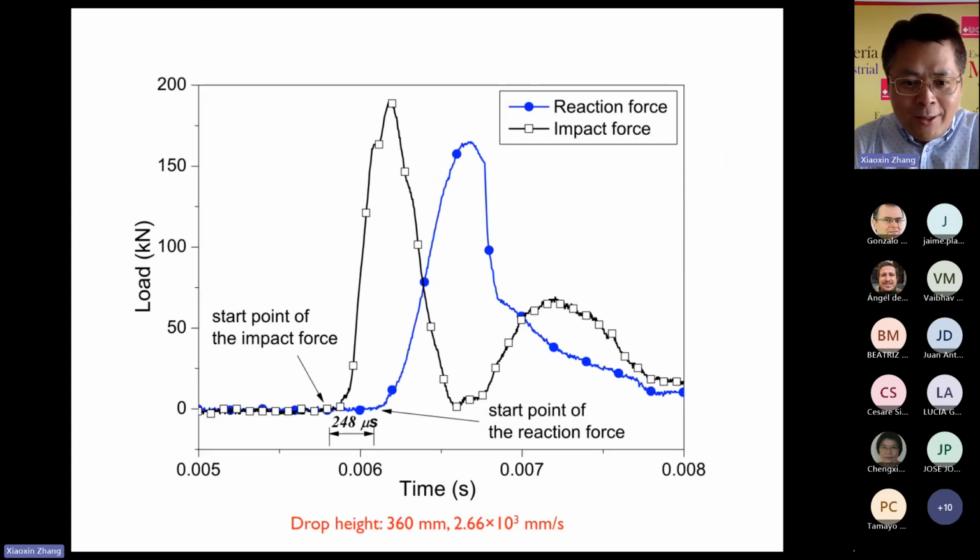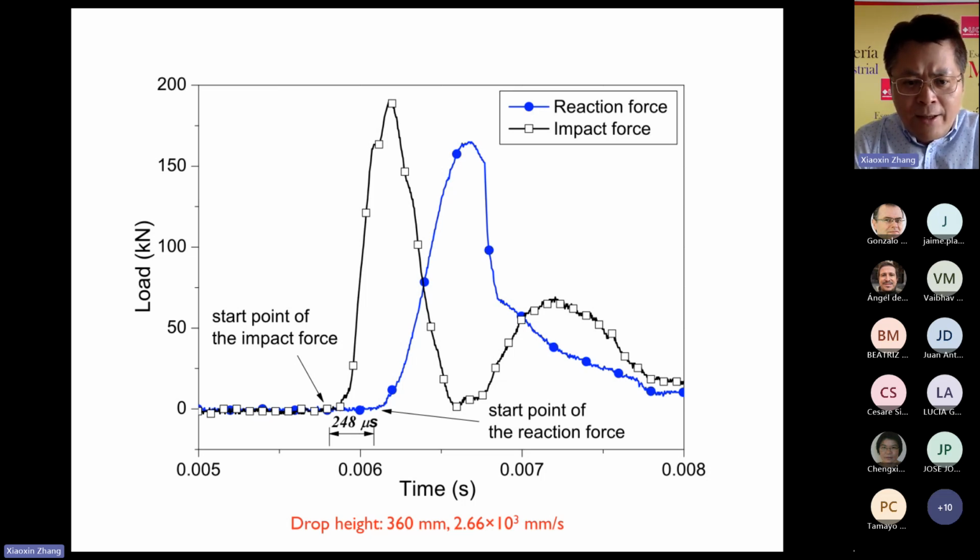This slide shows the load versus time under impact loading conditions. Here we have two curves, a black curve and a blue curve. The blue curve corresponds to the reaction force from the supports. The black curve corresponds to the impact force from the impact force sensors.